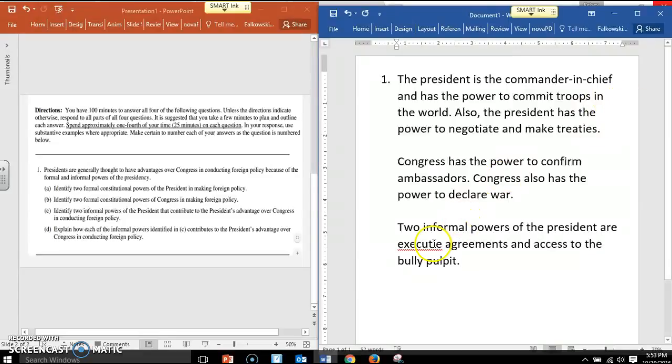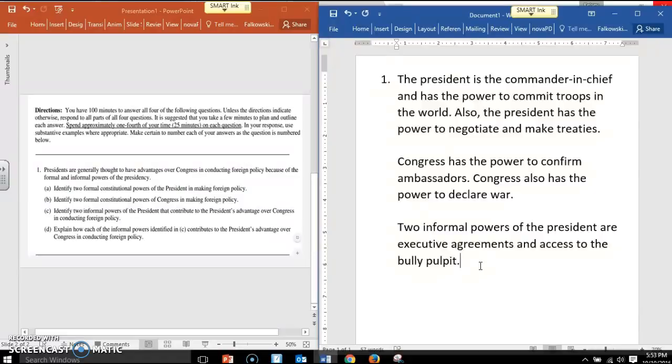Now, if you're unfamiliar with what the bully pulpit is, it's something that was coined around the presidency of Teddy Roosevelt as a means of being such an effective communicator with the public that he could use the media to persuade the public to think of something being more important in terms of agenda setting. So that's what we talk about when you have the bully pulpit.